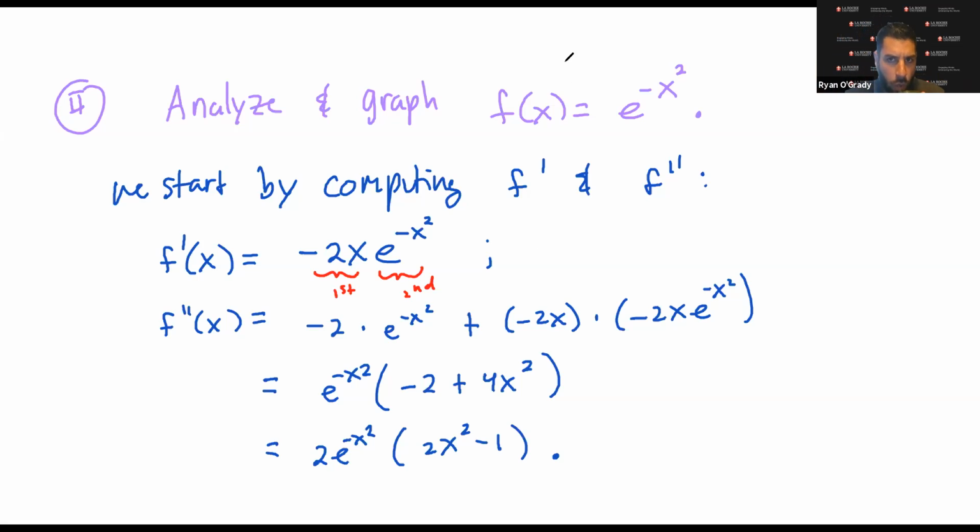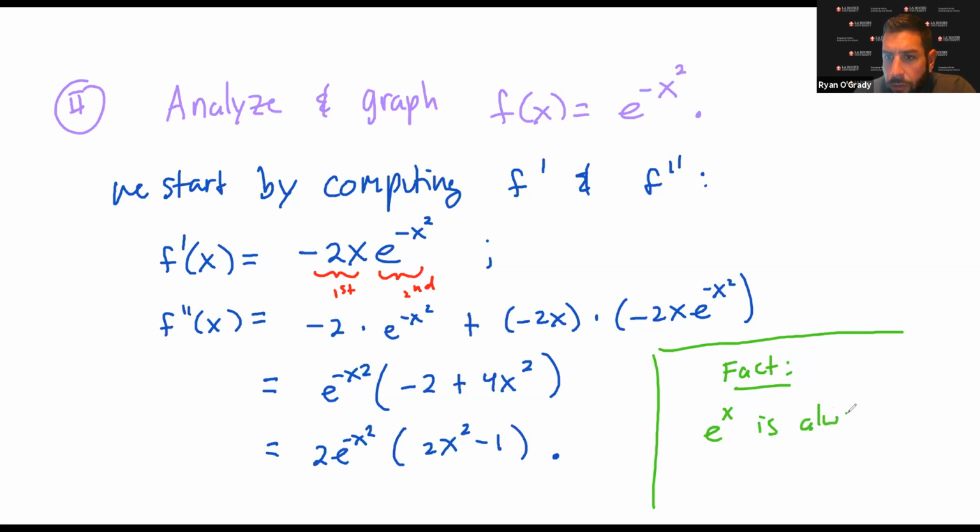All right, very good. So here's the thing to note, and I said this last week, or maybe I said it again on Tuesday. I'm going to repeat it again because you have to know this. Here's an important fact: e to the x is always positive.